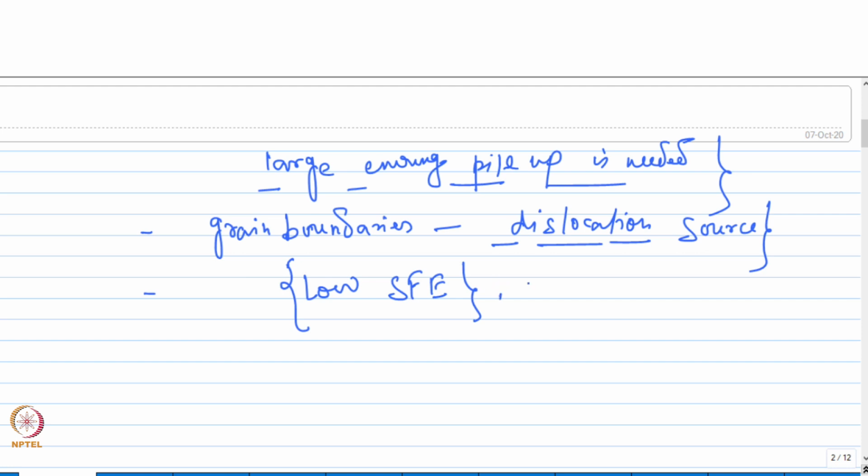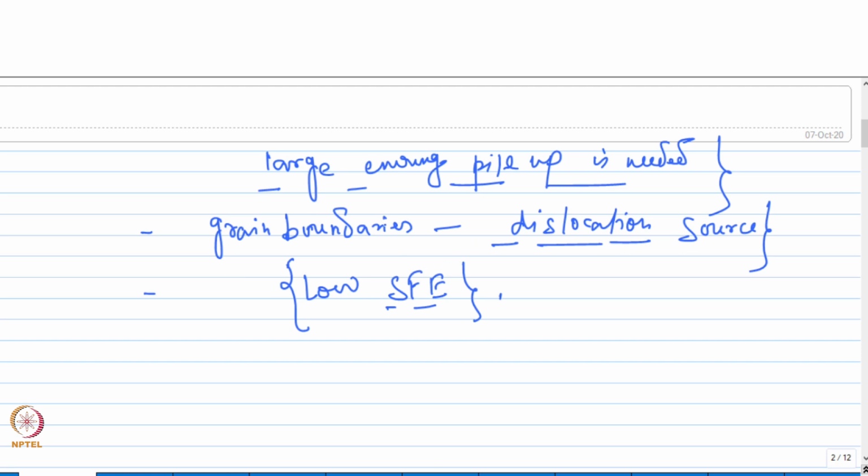But for high stacking fault energy materials, the dislocation movement is much greater because of the cross slip. But in both kinds of materials, that means low stacking fault energy as well as high stacking fault energy, the Hall-Petch relation is valid. So this theory cannot really explain the effect of stacking fault energy.